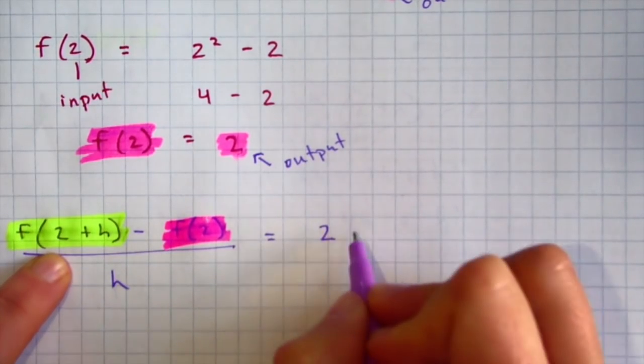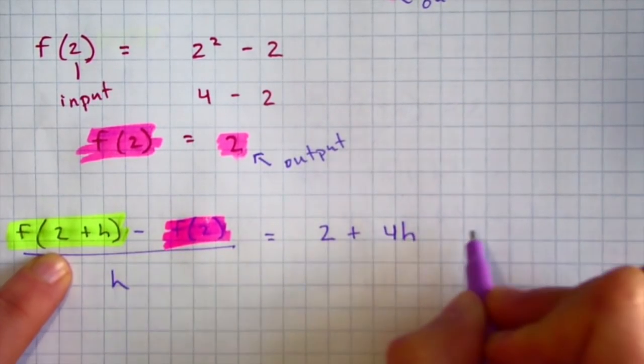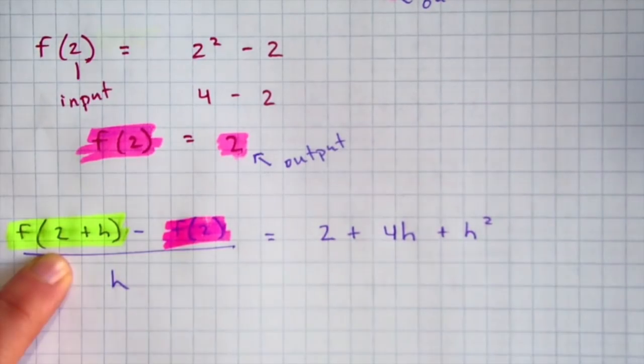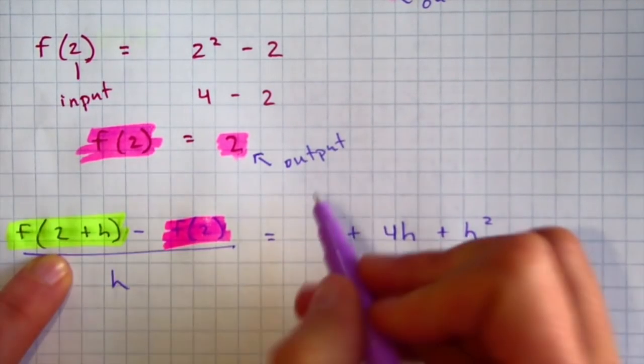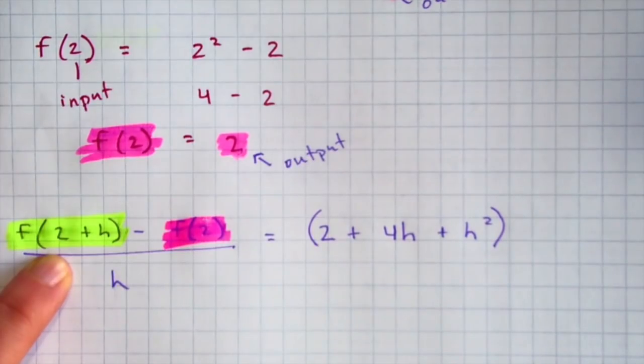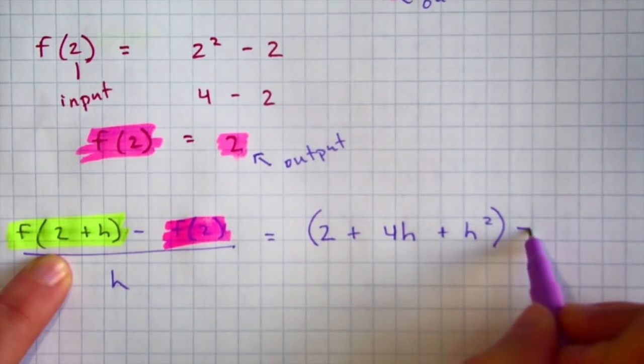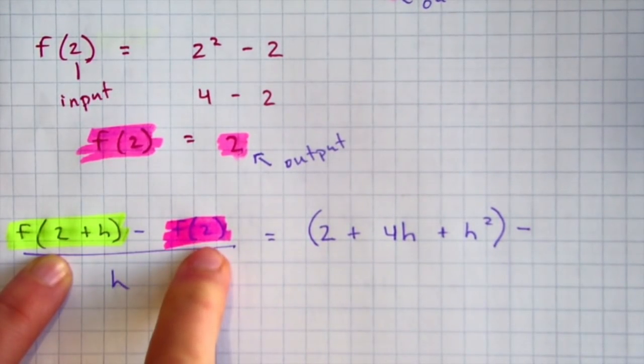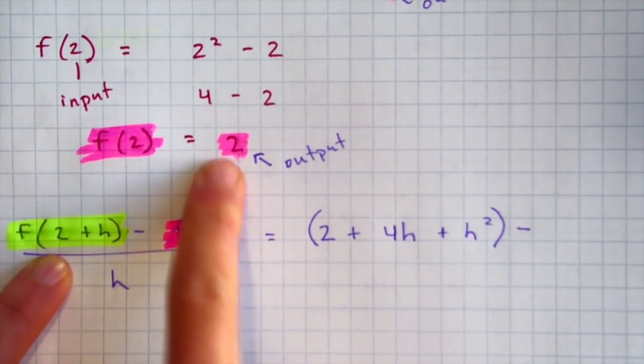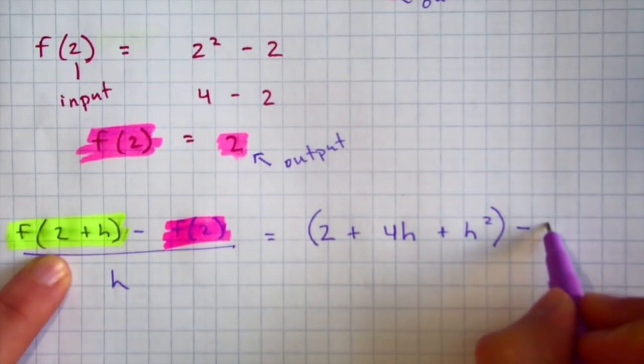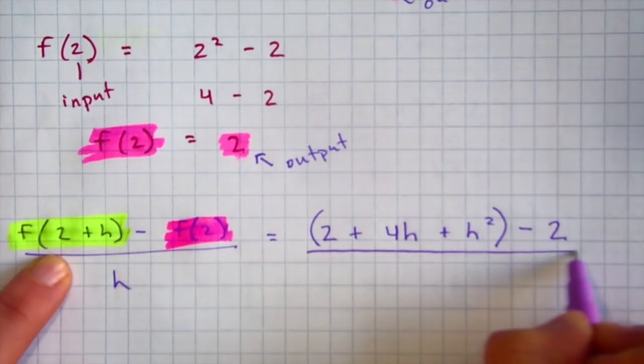So that's going to be 2 plus 4h plus h squared. I'm going to put this in parentheses so I don't get confused. Then I'm going to subtract f of 2, which is 2. And that's all going to go over h.